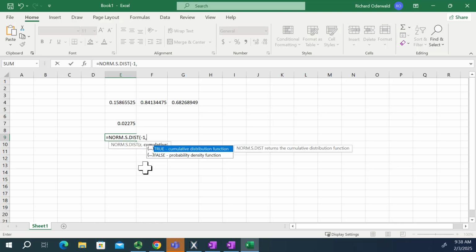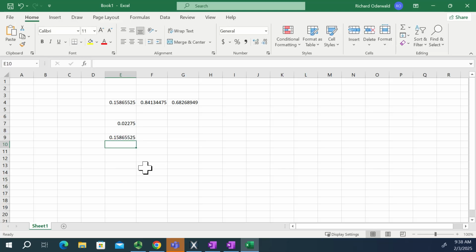And I still need cumulative. Now I've put in the standardized score, and I get exactly the same thing. The standard normal uses the z-scores directly.